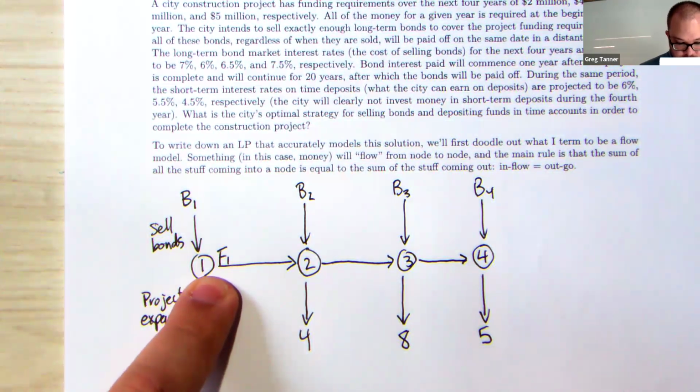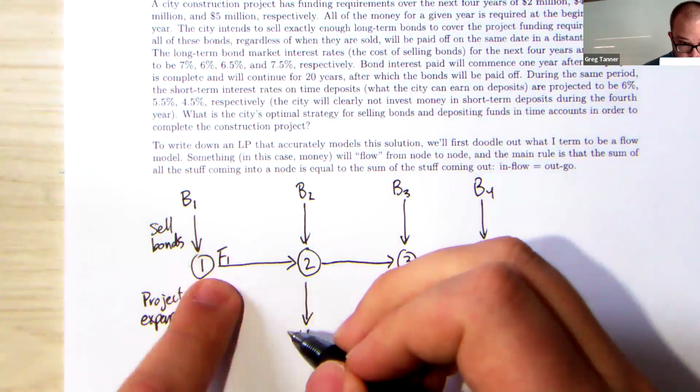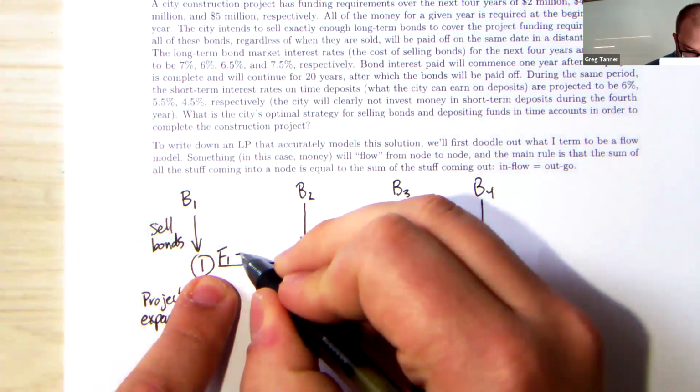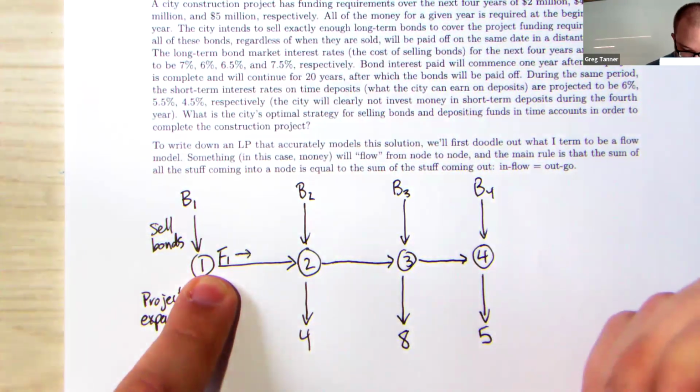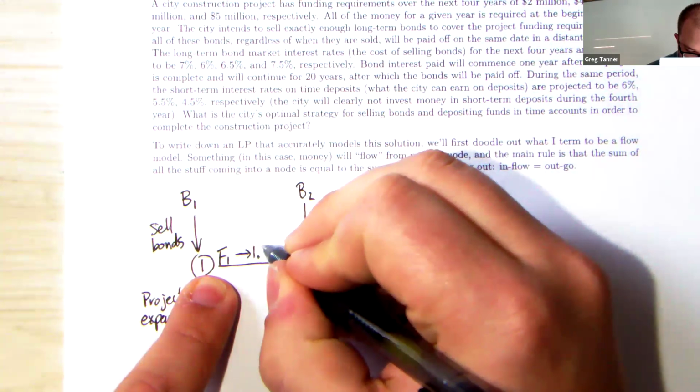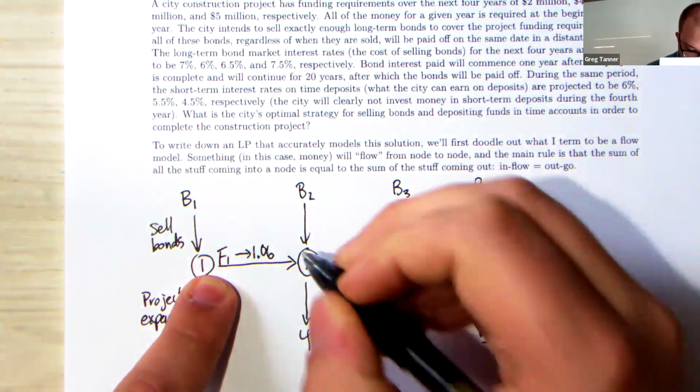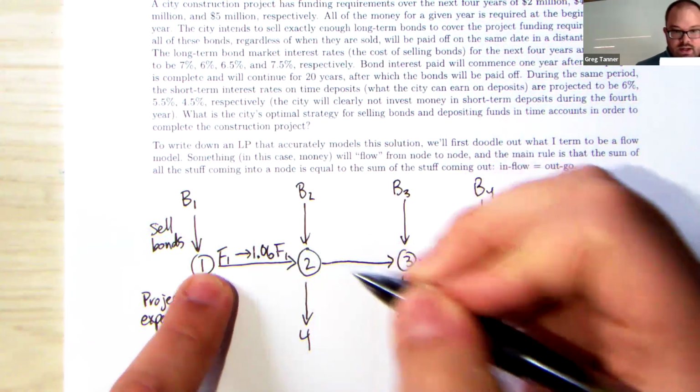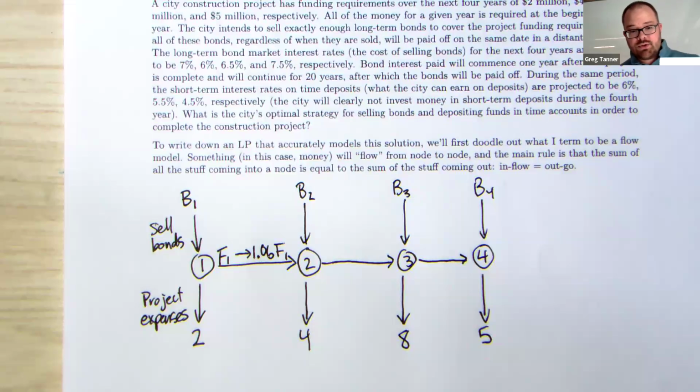And note that because we're getting interest, it flows out of year 1 as F1, but it flows into year 2 with interest. So it'll be 6% interest. So we'll do 1.06 times F1 is the amount flowing into year 2, where all of F1 flows in plus 6% more gives us 1.06 F1.